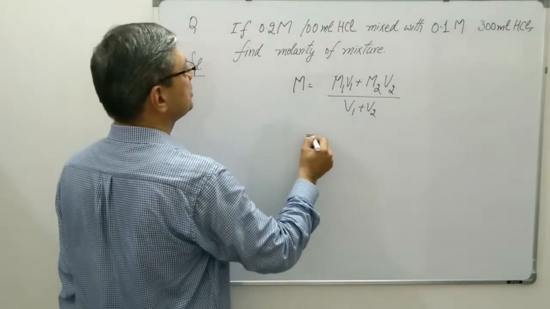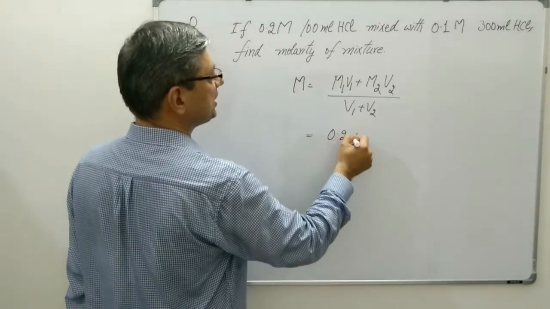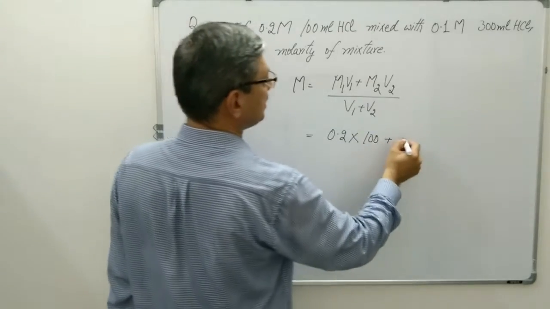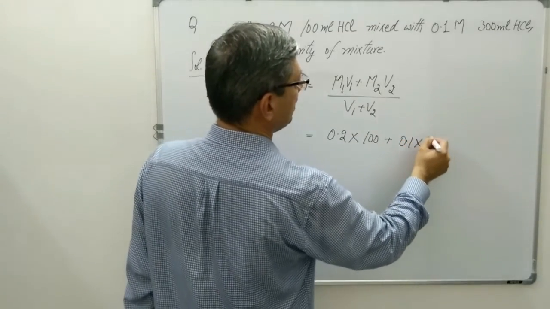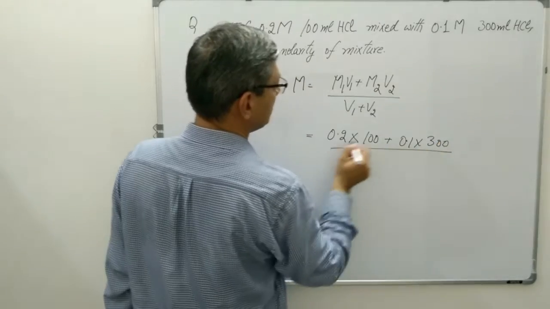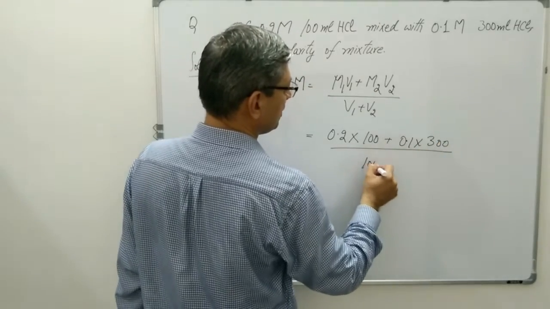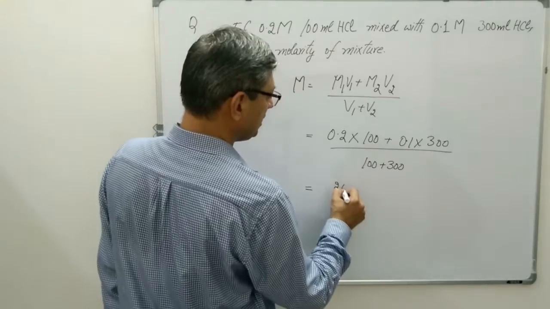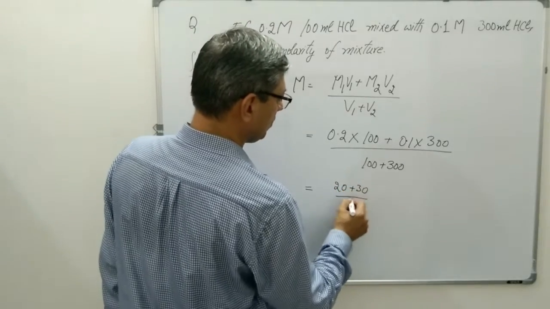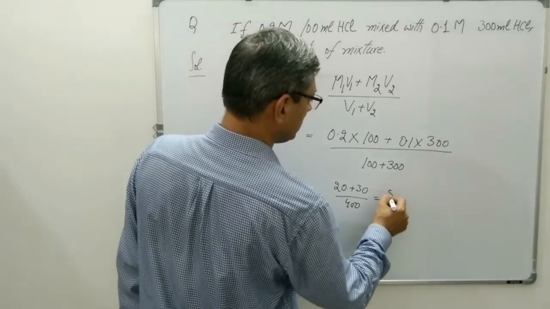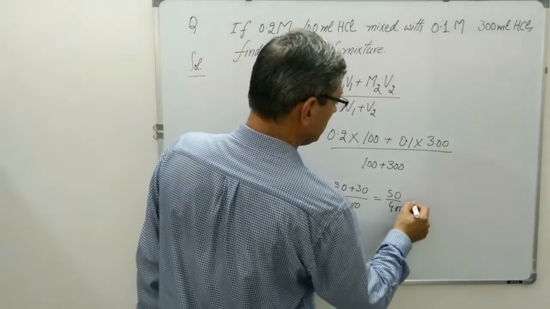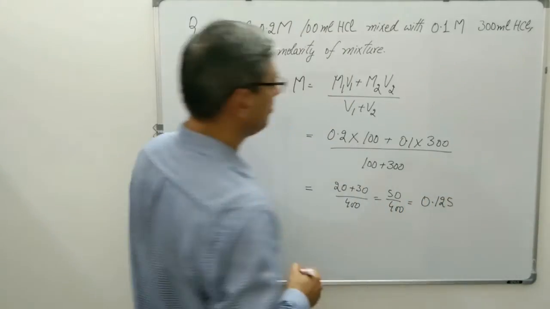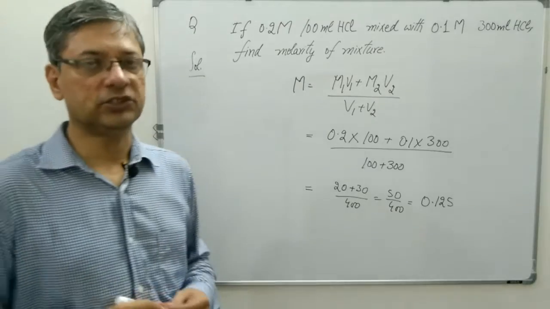Putting the values, M1 0.2 and V1 100, M2 0.1 and V2 300, and V1 plus V2 is 100 plus 300. Solving we get 20 plus 30 upon 400, that is 50 upon 400, and solving we get 0.125 molar solution of mixture.